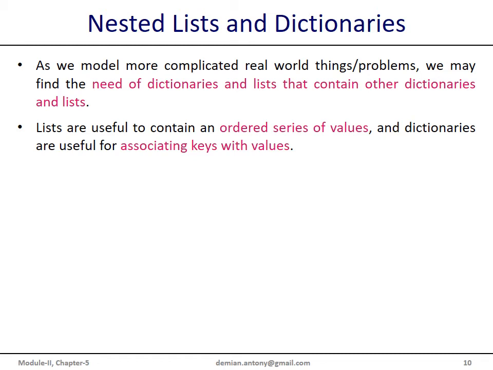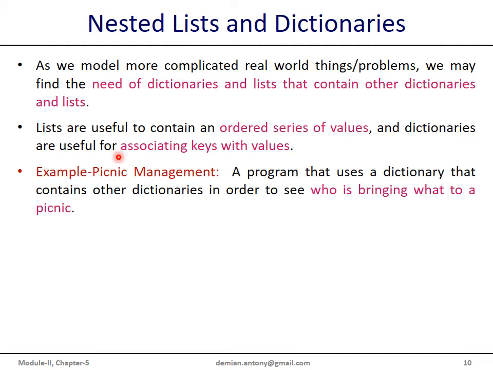Remember, lists are useful when we have an ordering among the individual values or elements, and dictionaries are useful where we have to associate values to a particular set of keys, which are not necessarily integer type, but can be of different data types.